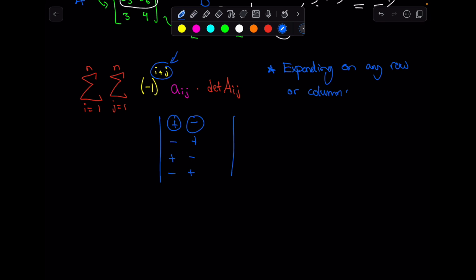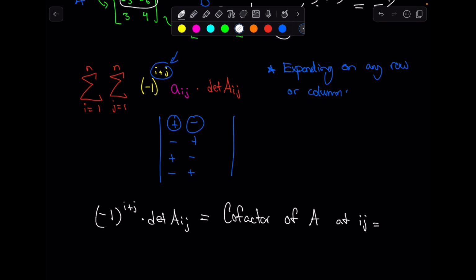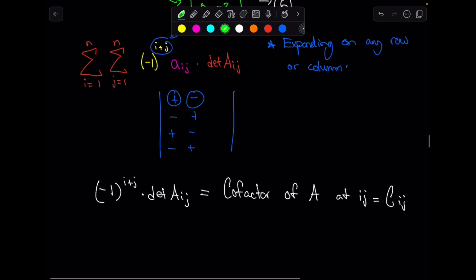One thing I wanted to point out is that in the textbook, they call the -1 to the i plus j bit times the determinant of A sub ij the cofactor of A at ij, denoted C sub ij. You might read in the textbook that they ask you to calculate the determinant using cofactor expansion.